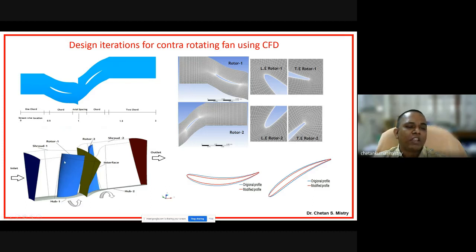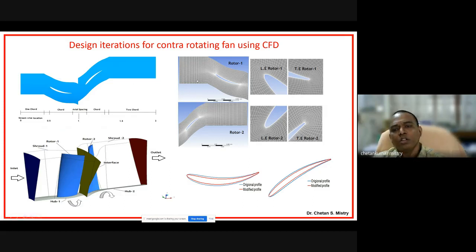And here, if you look, we have taken this and the other side as a periodic boundary condition. So here this is my periodic boundary condition. Here this is also a periodic boundary condition. Periodic in the sense that it can easily exchange the data, like the way in which the number of blades are arranged.